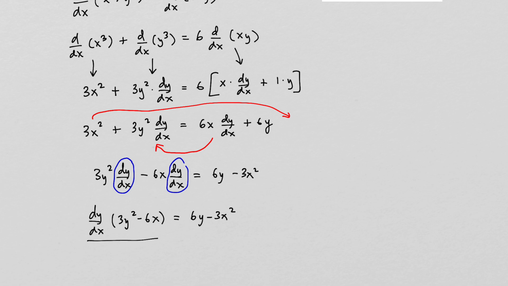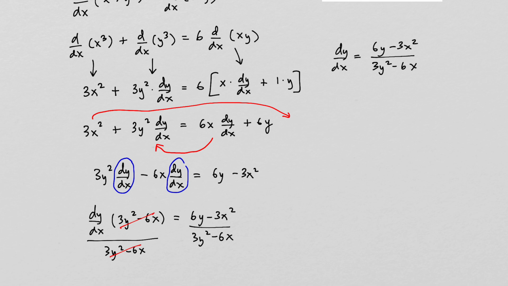And the final step here to solve for dy dx would be to divide by 3y squared minus 6x. That will cancel this, and we end up with dy dx is equal to 6y minus 3x squared divided by 3y squared minus 6x.